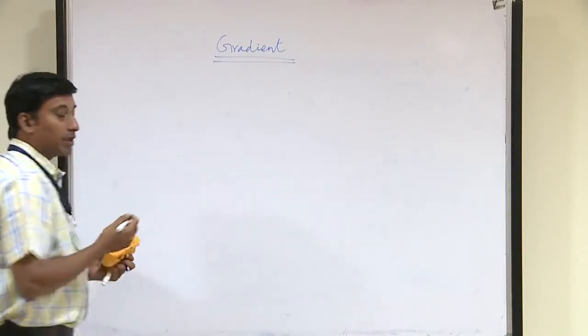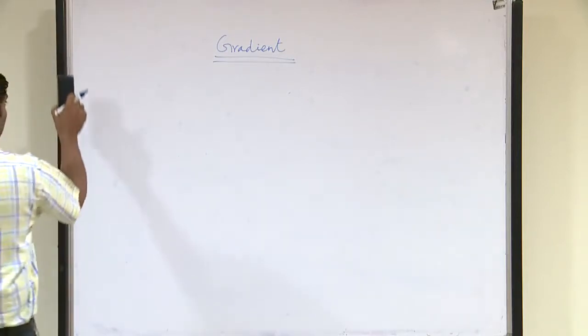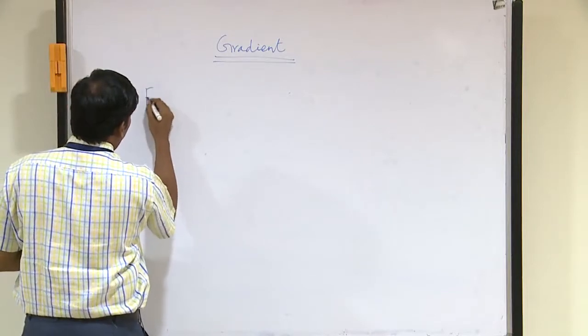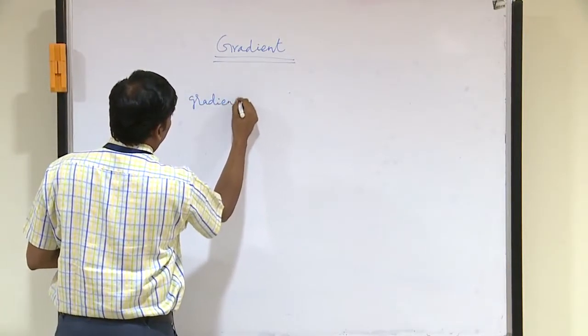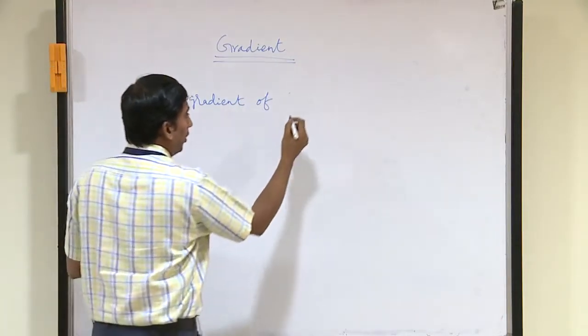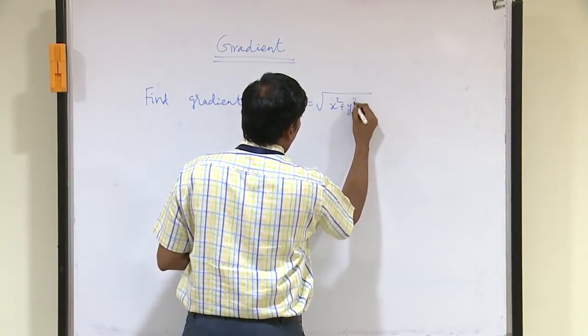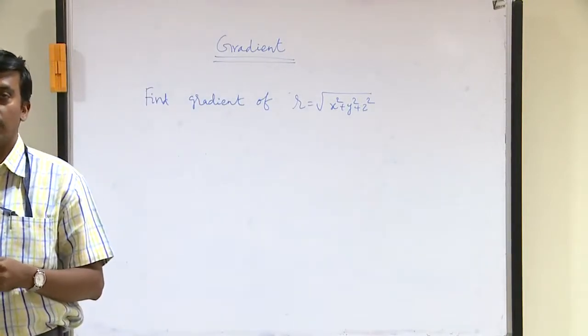So now let's try to work out a couple of examples of how to calculate gradient. So find gradient of R, which is nothing but x square plus y square plus z square.